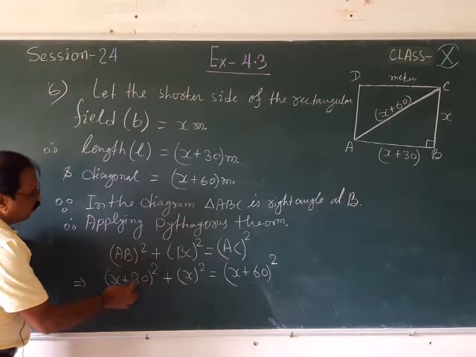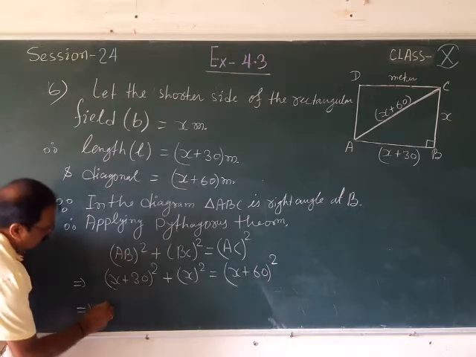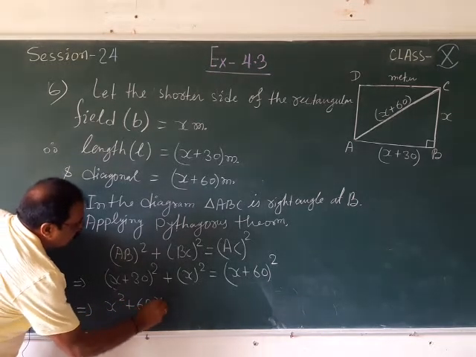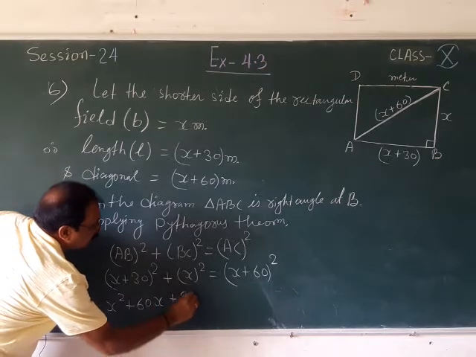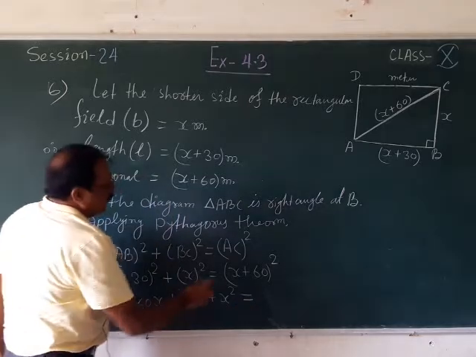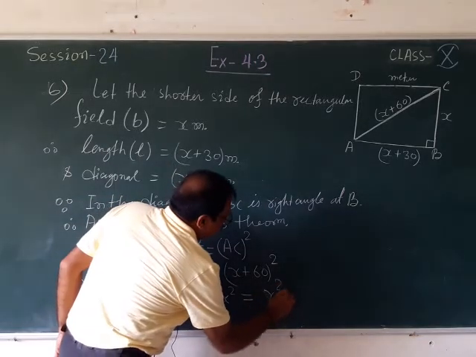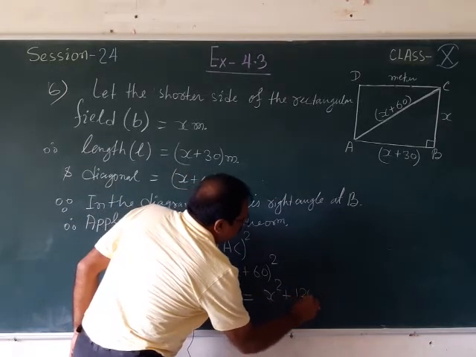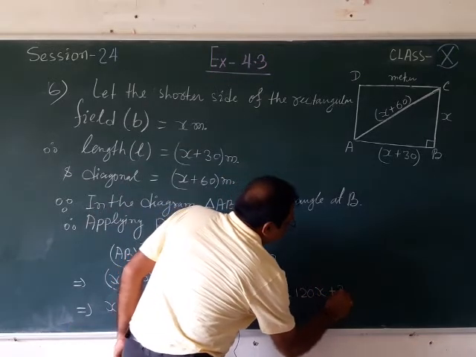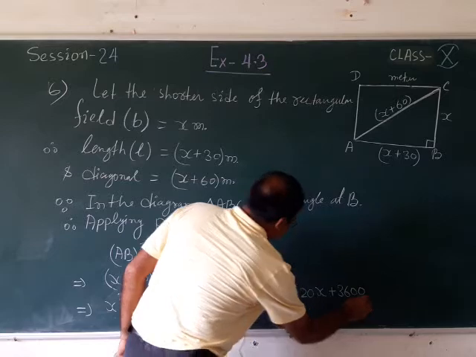On the left side it will give x square plus 60x plus 900 plus x square, and on the right side it will be x square plus 120x plus 3600.